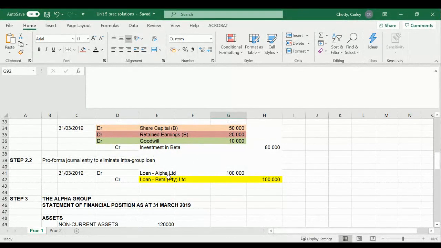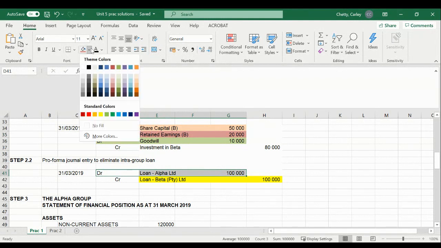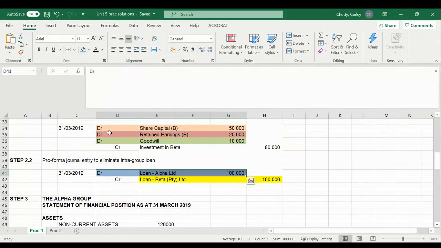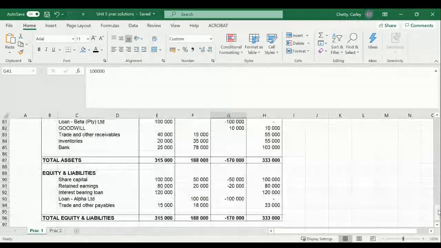So in beta's books, the loan is shown as a credit. So we are then going to debit in our pro forma journal entries, which is what we did here. We debited loan owing to alpha of 100,000 Rand. And this then means that on consolidation, the amount is eliminated in the consolidated financial statements.